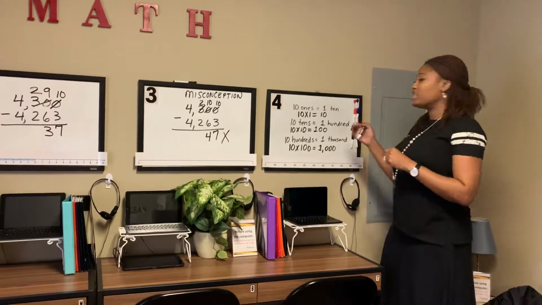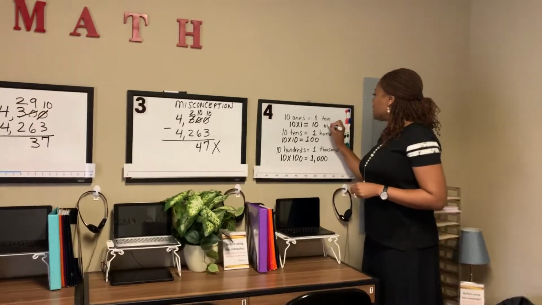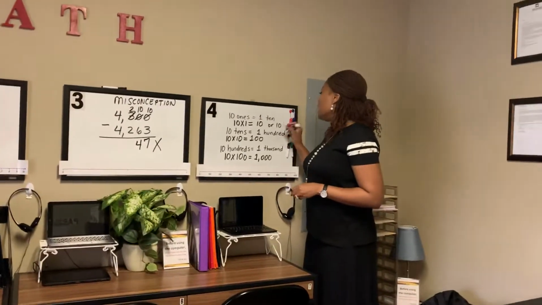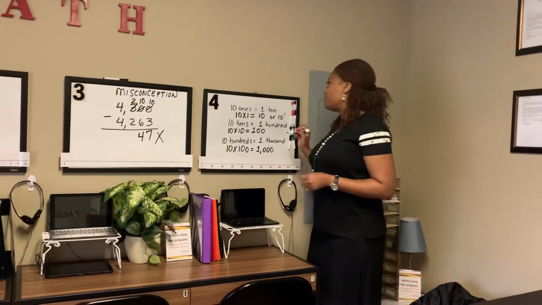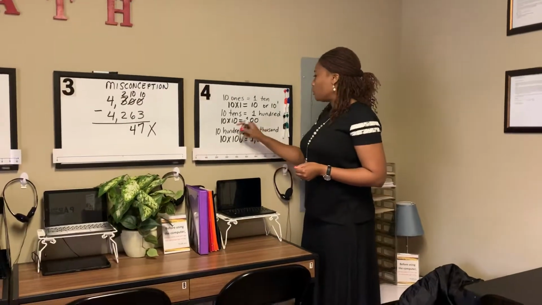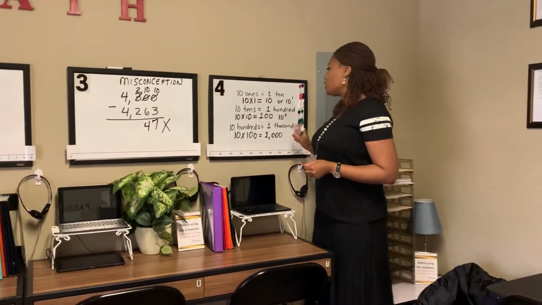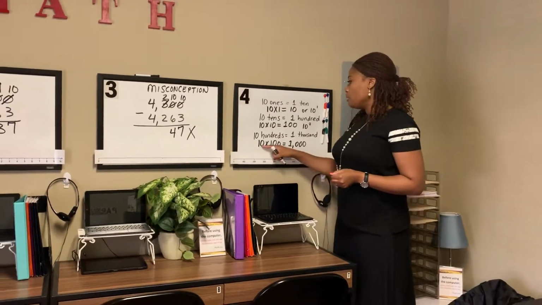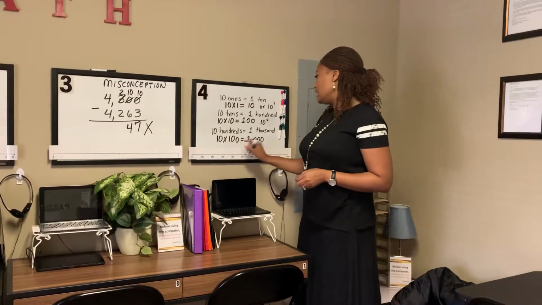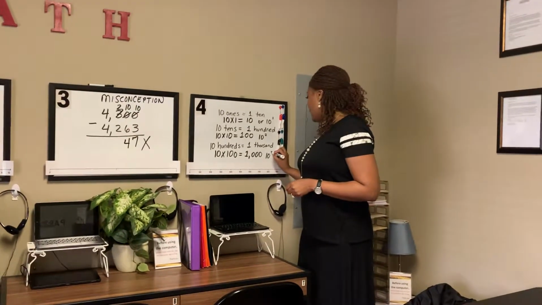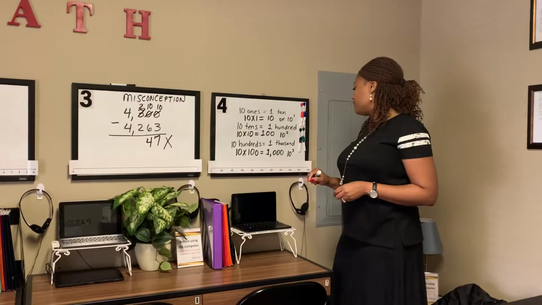And just to extend the lesson, you can always say 10 to the power of 1. You have 2 tens multiplied, so it's 10 to the power of 2. You're multiplying 10 three times, so you can say 10 to the power of 3.